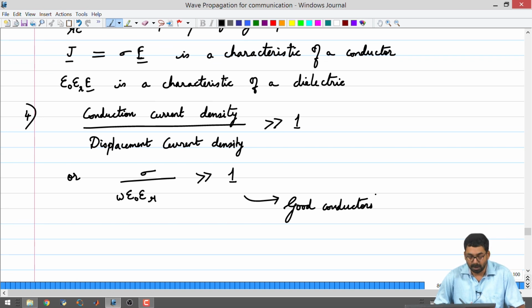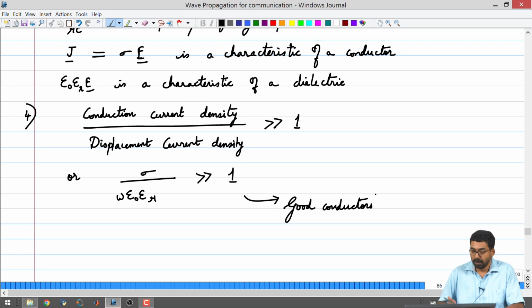For example, one can always say that if you keep on increasing the frequency of operation, your denominator will keep on increasing. Invariably, you will start with say a fixed value of sigma, and the ratio will be going towards 1 and then less than 1, etc. So, it depends on the frequency, and looking at this expression here, we can say that there is a good chance that at very low frequencies a material will be a very good conductor, but at higher frequencies the same material may actually behave like a dielectric.